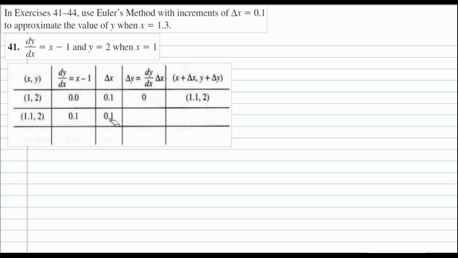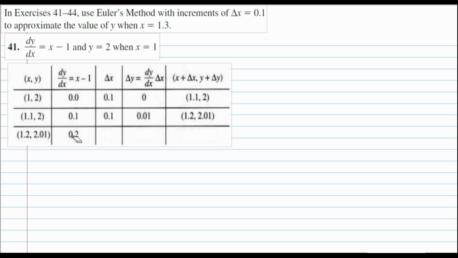Our delta x is 0.1, so dy/dx times delta x gives 0.01. We change our x coordinate by 0.1 and our y coordinate by 0.01, and I get 1.2 comma 2.01 as the next point.